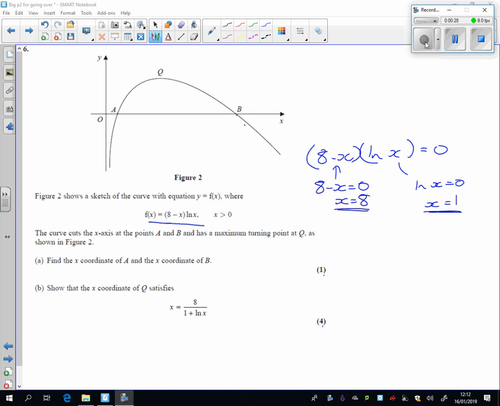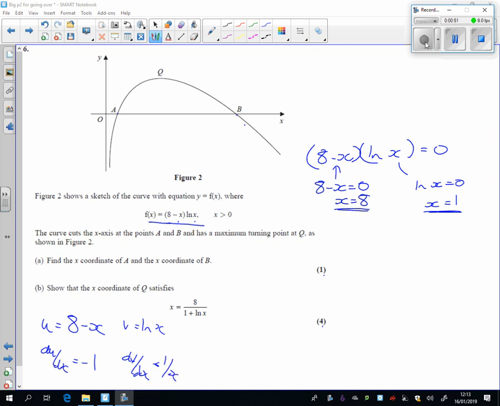Now we've got 4 marks though, because we want to differentiate this thing. If we're going to differentiate this, we've got 2 things times together, so I'm going to be using my product rule. So u is 8 minus x, du by dx is minus 1. v is equal to ln x, and ln x of course differentiates to give 1 over x.